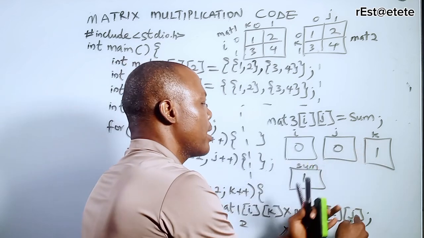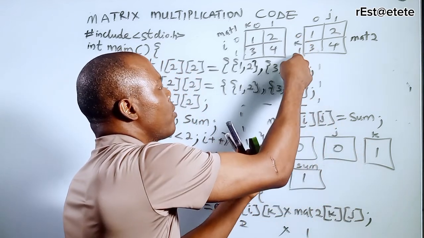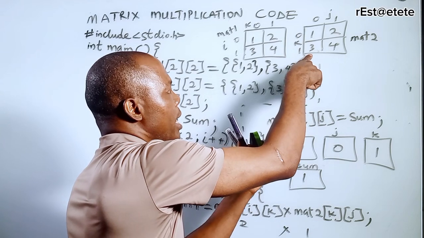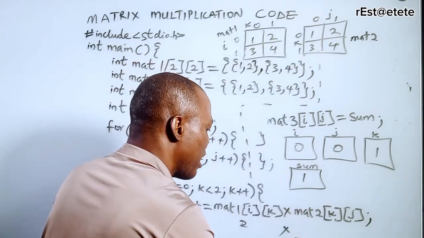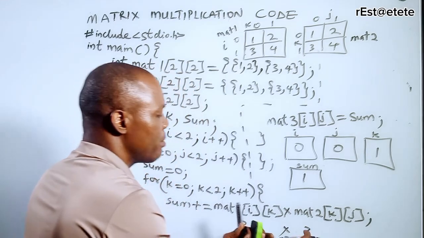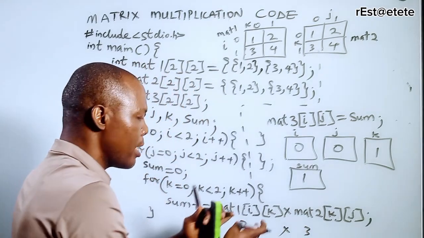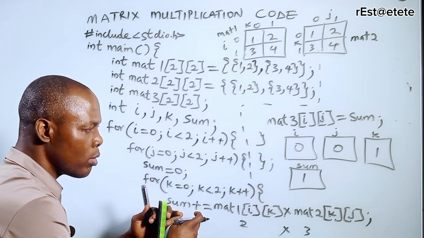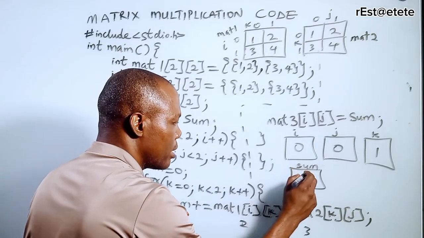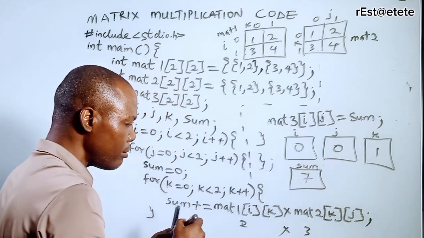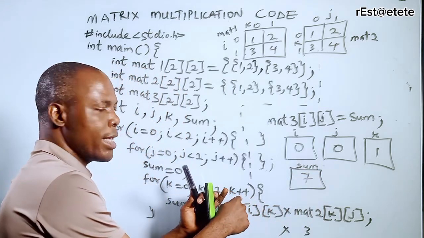K is 1. J is 0. That is 3. So multiply by 3. So this time this will give you what? 6. That 6, you add it into what was sum. That makes sum become what? 7. Then you increment K.